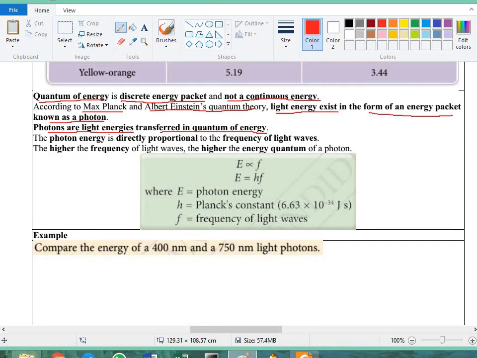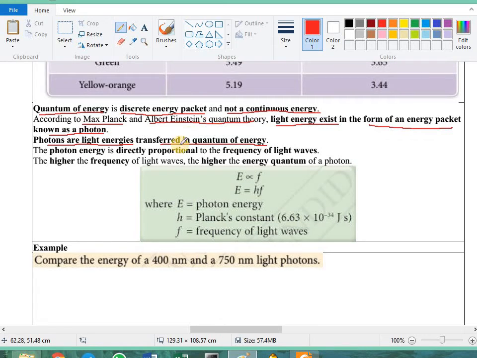Okay, so what Max Planck and Albert Einstein found out is that the relationship between photon energy and frequency of the light wave is that they are directly proportional. That means the higher the frequency of the light wave, the higher the energy quantum of a photon.